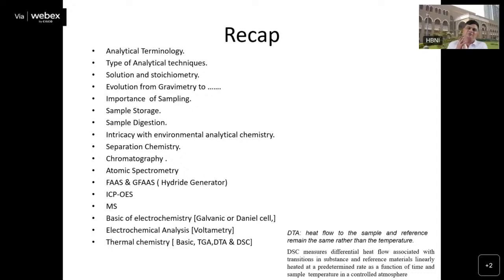Whether we are using a hollow cathode lamp, or a xenon arc lamp with a continuous spectrum and a monochromator, at that particular wavelength the atoms absorb the light, go from the ground state to the excited state, and we measure the decrease in intensity at that wavelength. That's how we do the determinations.